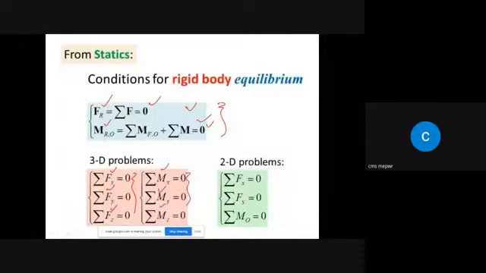Similarly, the moments about x, y, and z should also be equal to 0. If you are having a 2D problem, you can write the summation of forces along the x-axis, the summation of forces along the y-axis, and the moment about any certain point, which should be equal to 0. So in the 2D case, we will be having three scalar equations, whereas in the case of a 3D problem, we will be having six scalar equations.